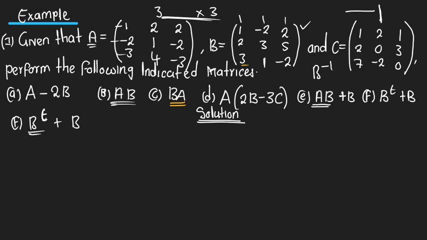If you've got the original B matrix, which is 1, 2, 3, then minus 2, 3, 1, then 2, 5, minus 2, then they say B transpose.